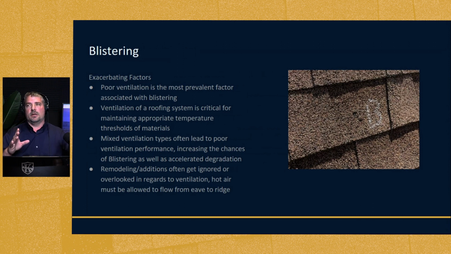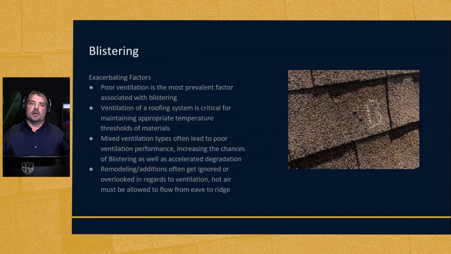Now, if you've got ridge vent on a house and you've also got some turbines or some metal turtle vents or box vents as we refer to them, maybe just 2 or 3 feet down from the ridge, what's happening in that situation? The intake is not necessarily being done from the eave, much lower at the bottom of the roofing system like it's supposed to, and then ventilated out through the ridge vent at the highest point.